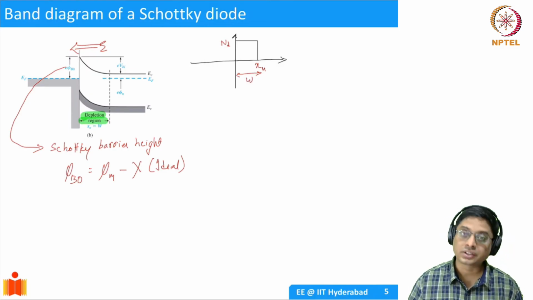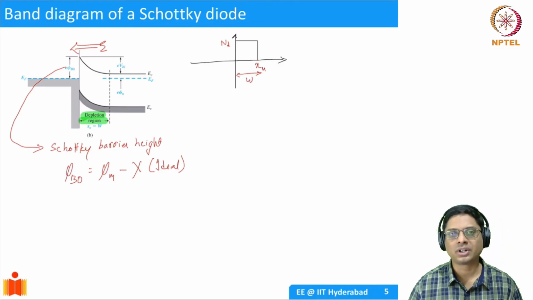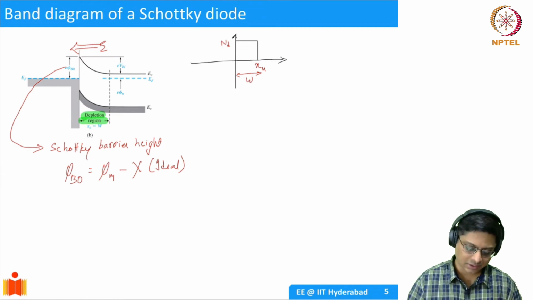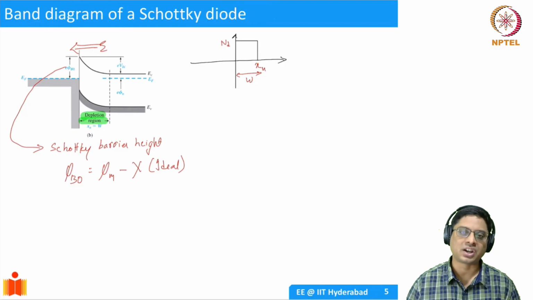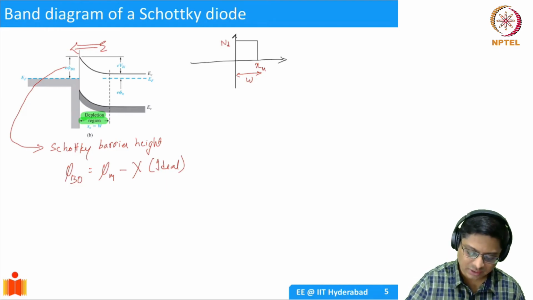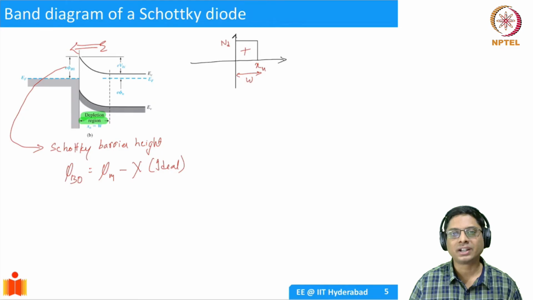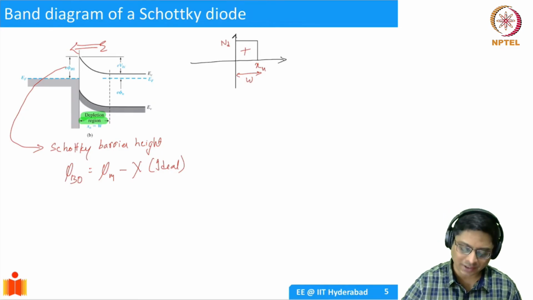The crucial difference between a metal-semiconductor junction and the regular PN junction is that the balancing charge, this is positive charge here, is going to be occurring at the interface itself, and it's essentially a delta function.